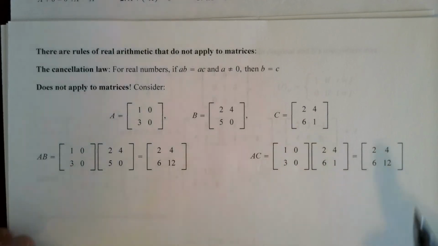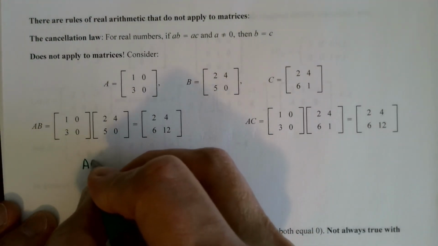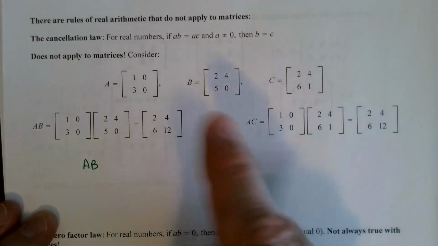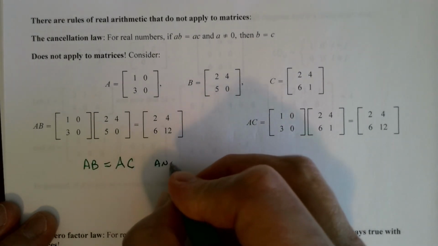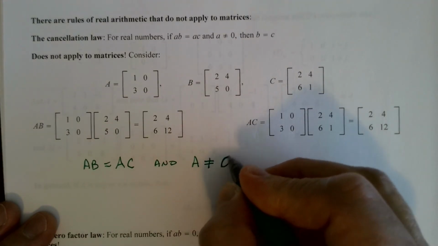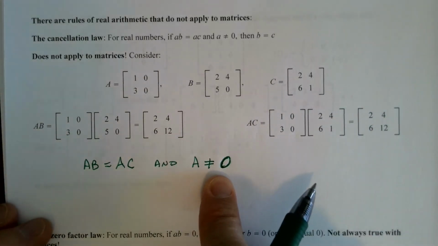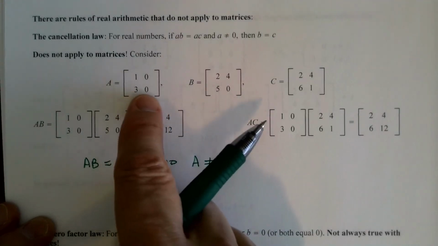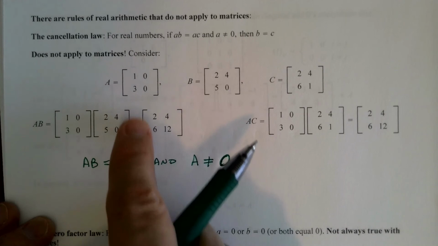Notice that A times B is the same as A times C. They are equal. And the matrix A is not the 0 matrix. The 0 matrix has all entries 0. There are a couple of zeros in it, but all 4 entries would have to be 0, so it's not the 0 matrix.